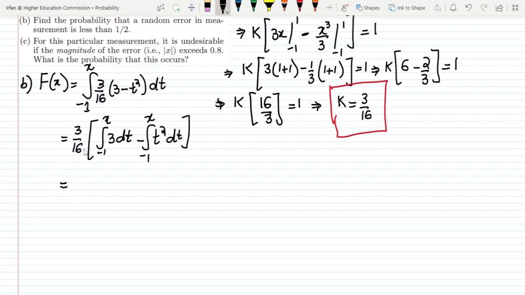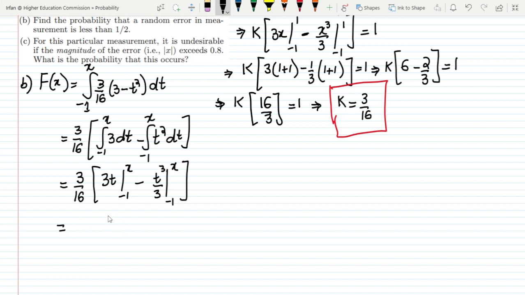Okay, so now let me simplify them. I will get 3 by 16, and here I will have 3t from minus 1 to x, and minus t cube by 3 from minus 1 to x.